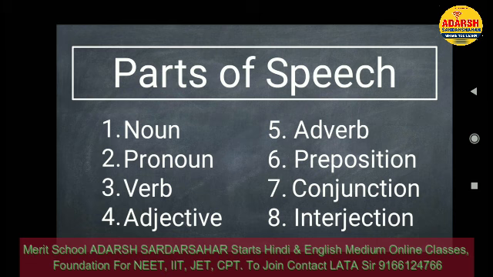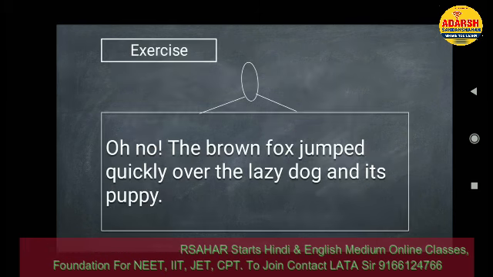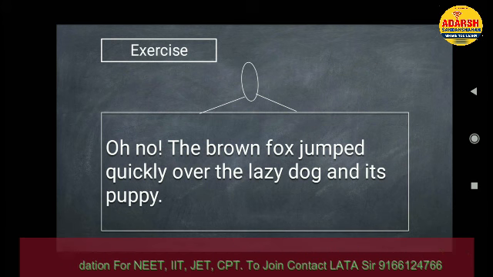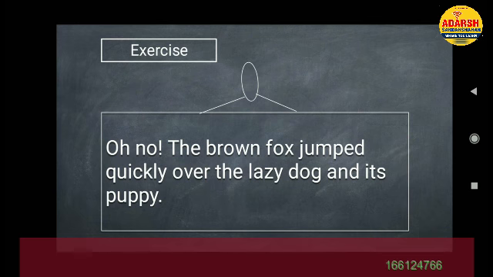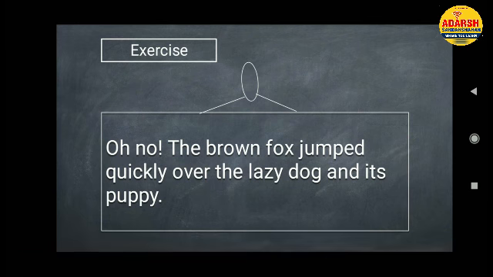Now I'll give you a simple exercise for practice. I'll provide you a sentence. You have to write which word comes in which type of part of speech, and our sentence is, oh no, the brown fox jumped quickly over the lazy dog and its puppy. Now this is your exercise.